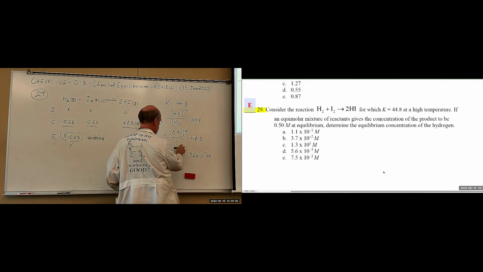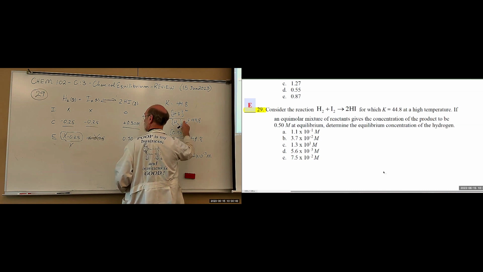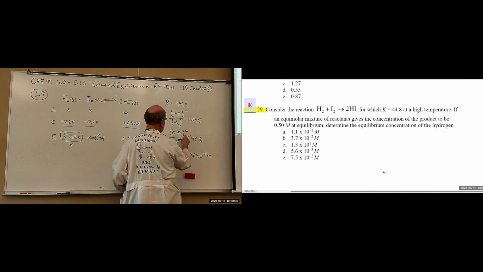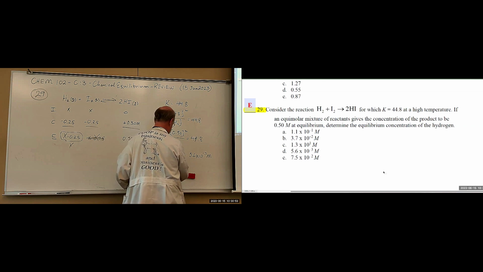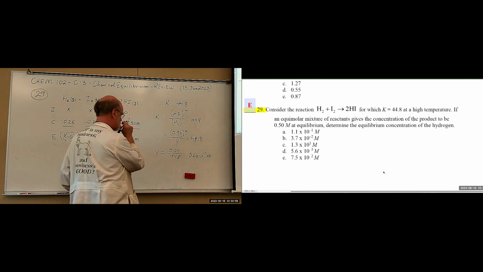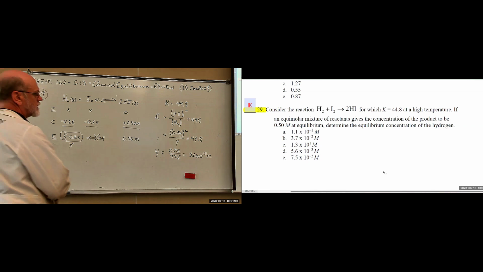Y goes over there, 44.8 goes over here, and I got 5.6 times 10 to the minus 3.